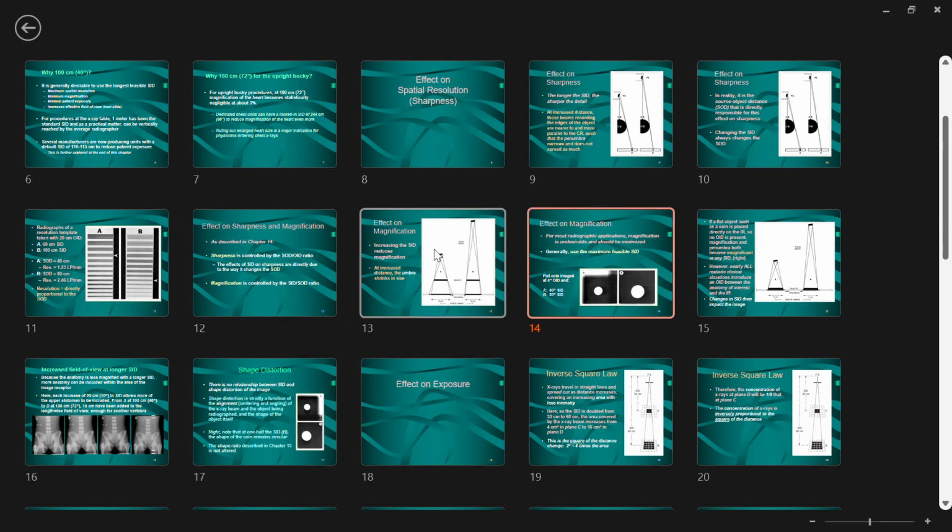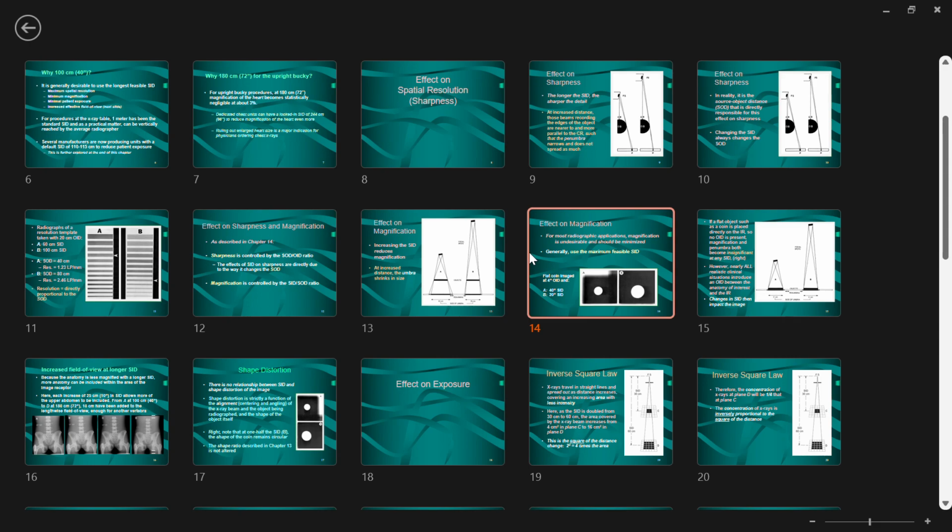Do we not have more detail when the image is larger? You might be able to achieve greater detail, but you will have a larger penumbra with a larger image.